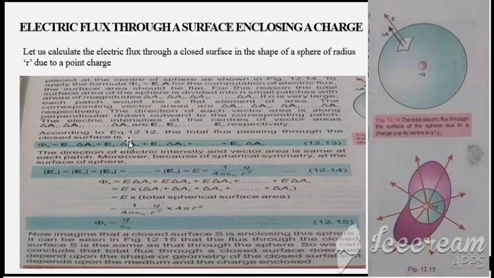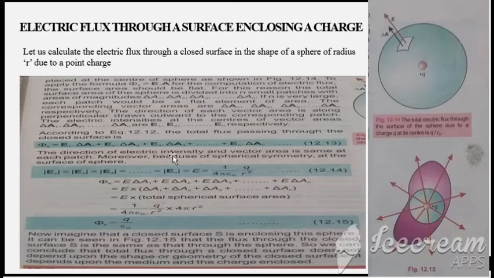According to equation 12.12, which was just discussed previously, the total flux through the closed surface, phi E, is equal to E1 dot delta A1 plus E2 dot delta A2 plus E3 dot delta A3 and so on up to En dot delta An.